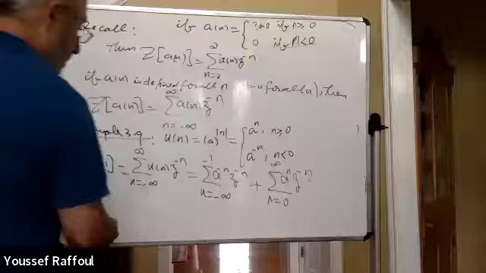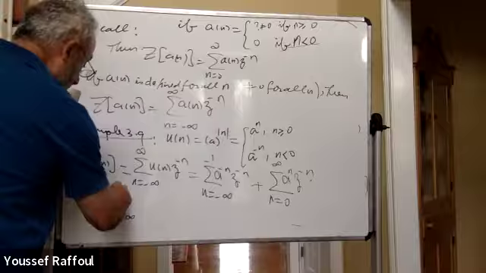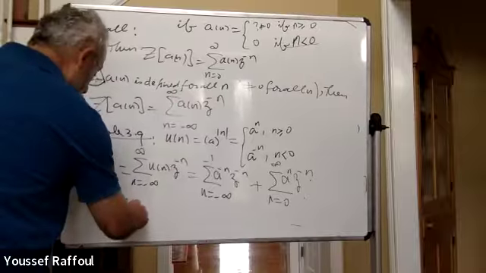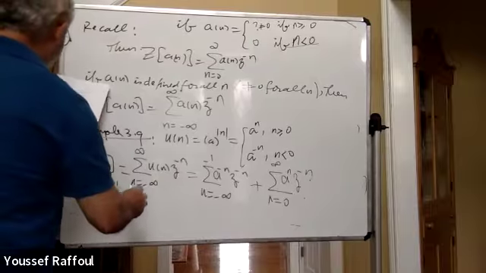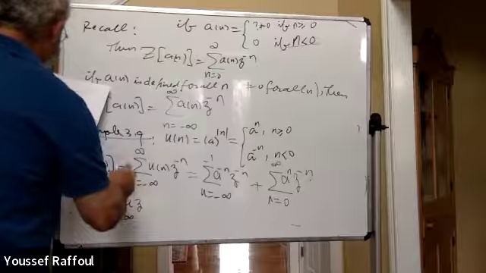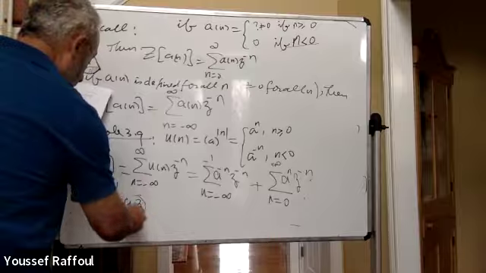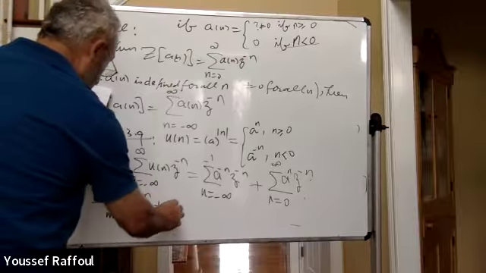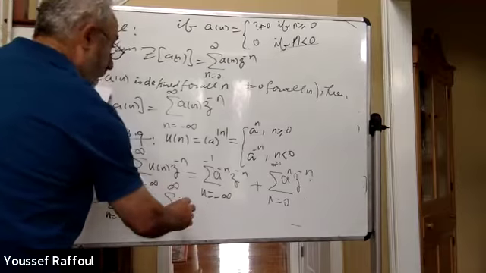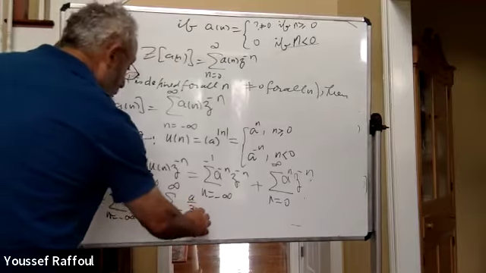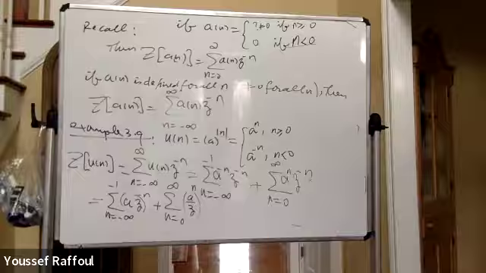And so this is the sum from n equals minus infinity to minus 1 of (az)^(-n), plus the sum from n equals 0 to infinity of (a/z)^n. Okay?